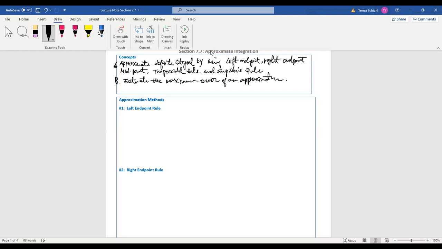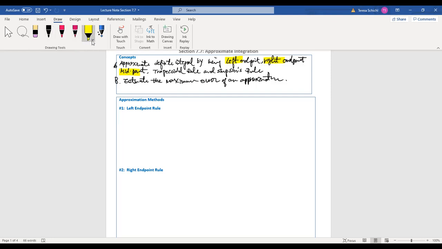For example, when we talk about the left endpoint, right endpoint, and middle point, we used this method when we first used the Riemann sum concept to derive the definite integrals, right? So here it is the same thing. When we try to approximate the definite integrals and we won't be able to carry it out numerically, we still can use the left-hand point, the right-hand point, and the middle point.